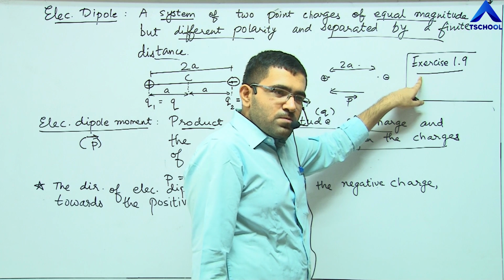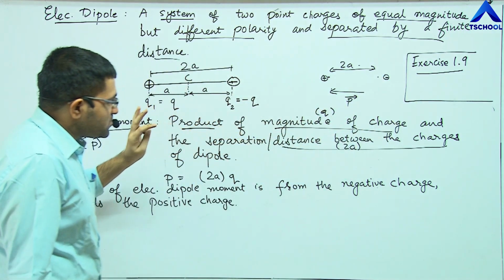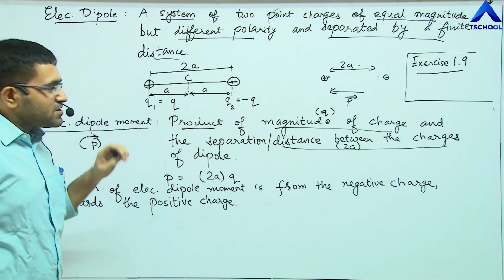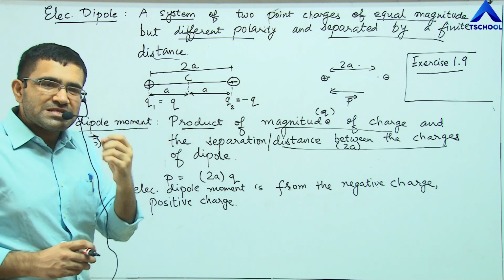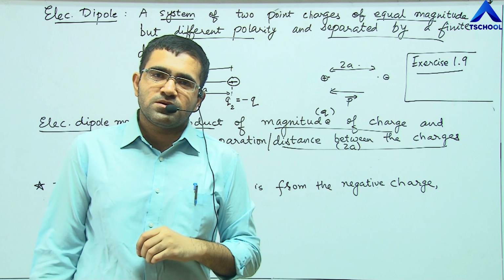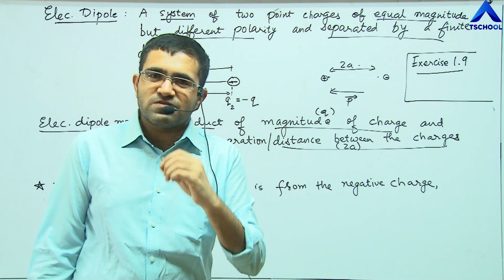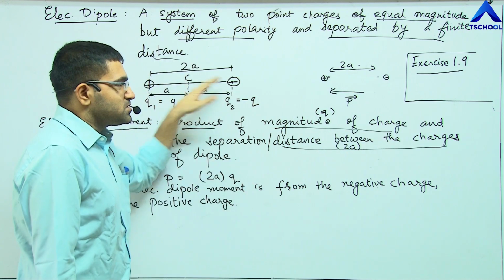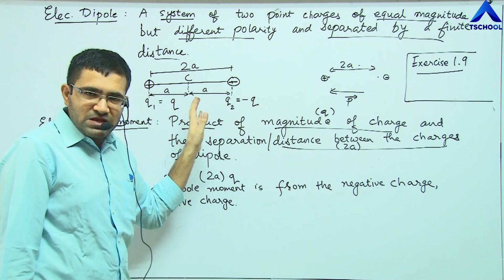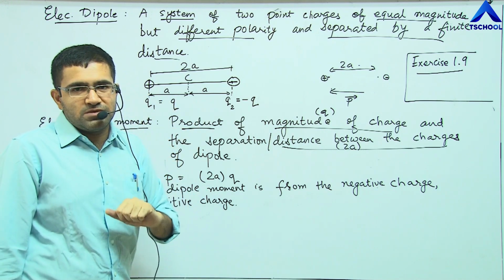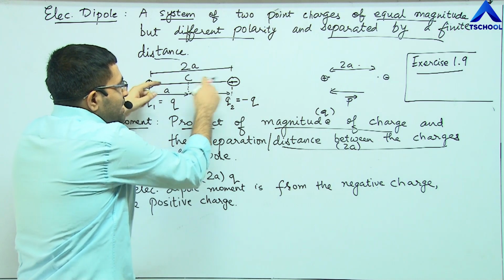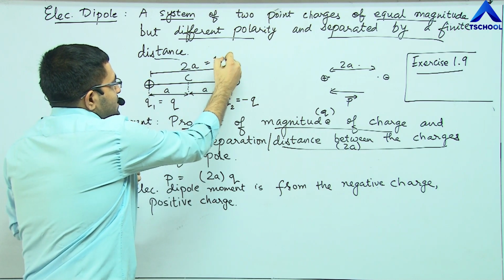Be careful though, students tend to make a mistake. If someone says that the distance between these two charges is, let's say, 1 centimeter, then the value of a is not 1 centimeter, the value of 2a would be 1 centimeter.